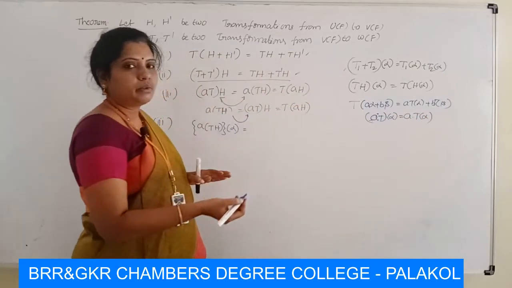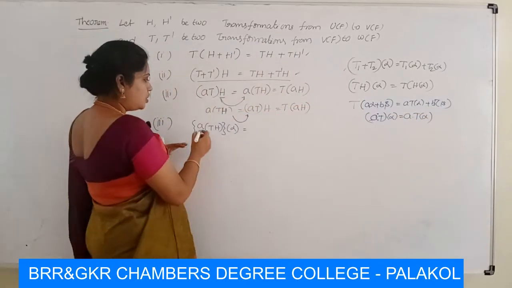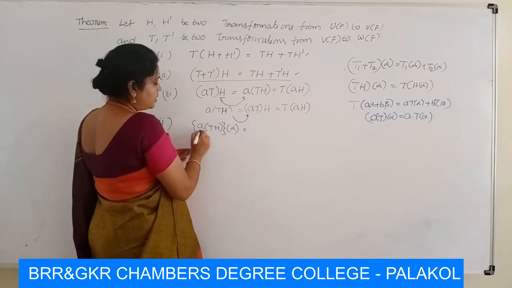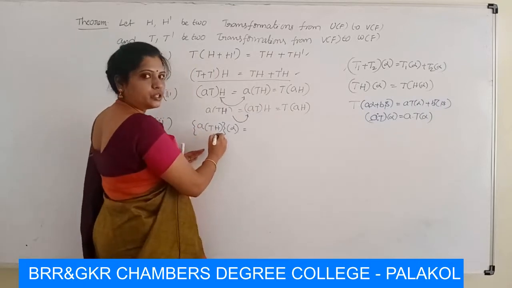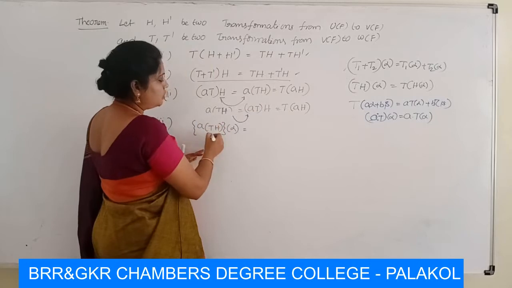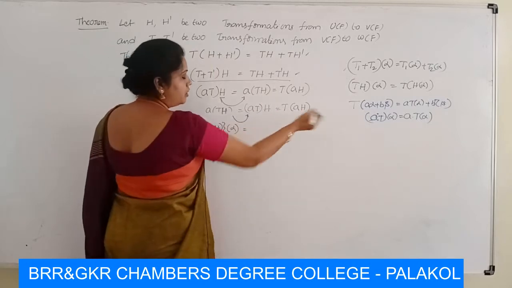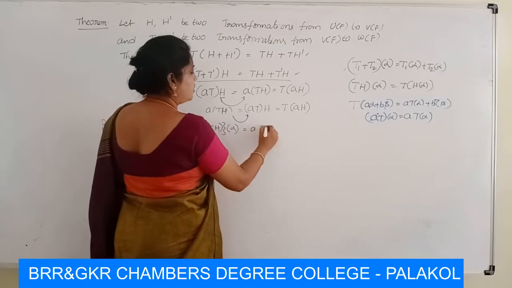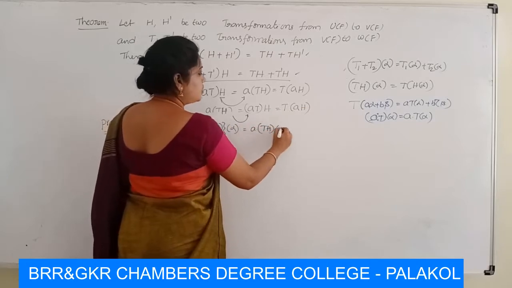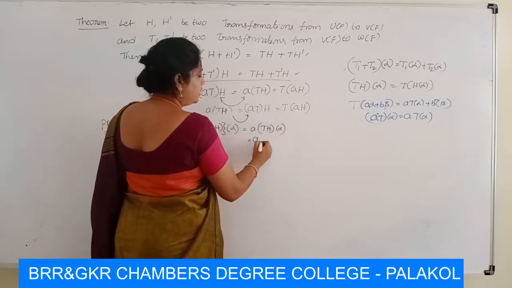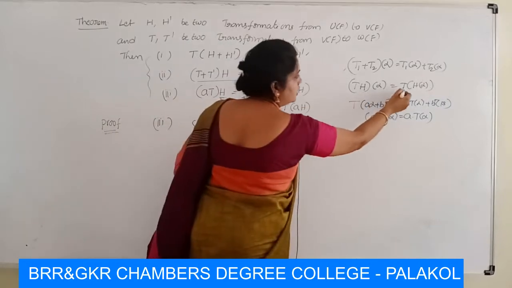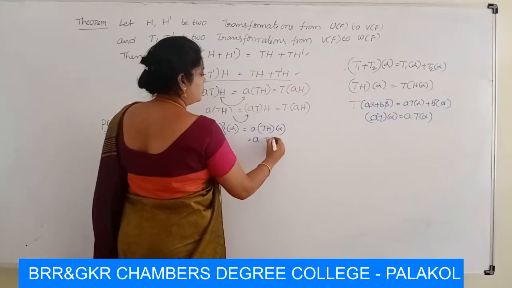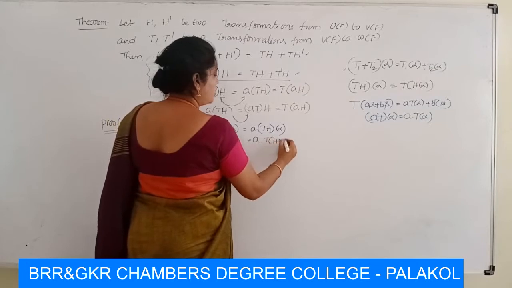That is scalar multiplication with a transformation. So here also a is a scalar and TH is a transformation. By definition this can be written as a into TH of alpha. Again TH of alpha is T of H of alpha.